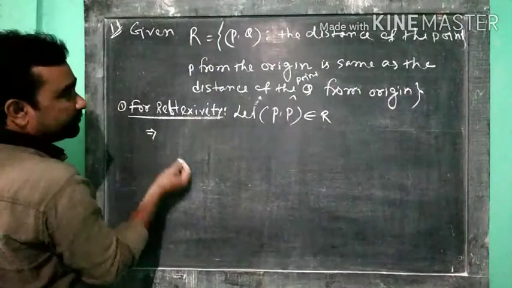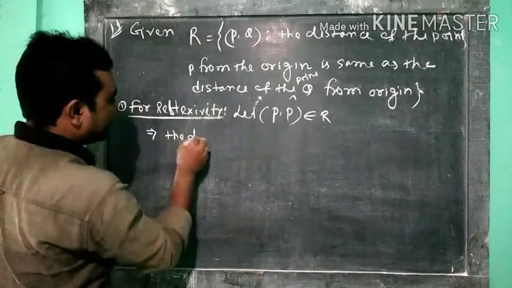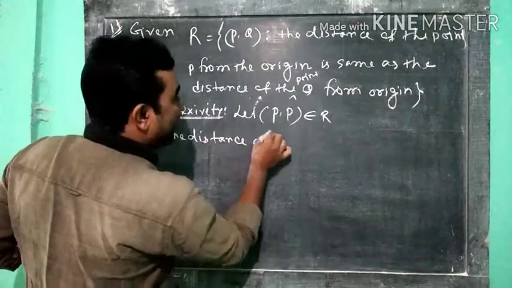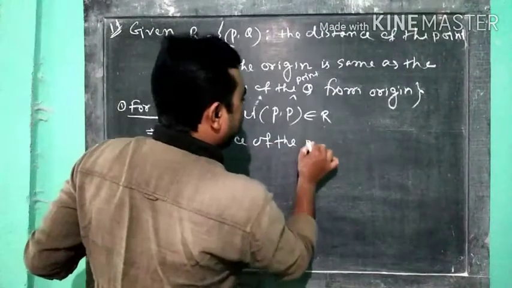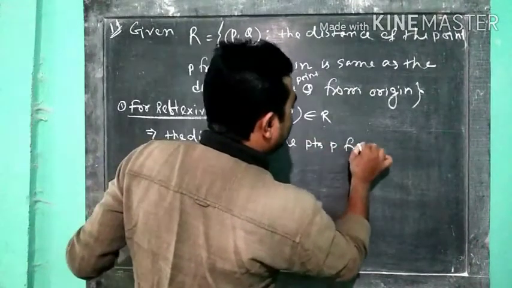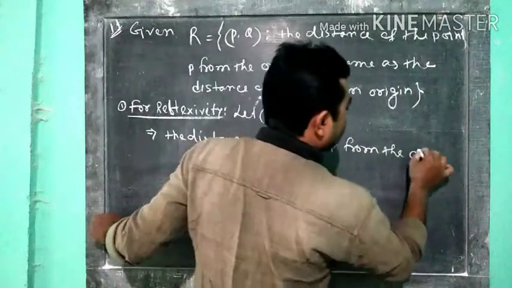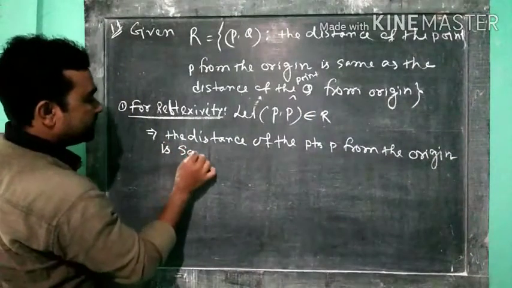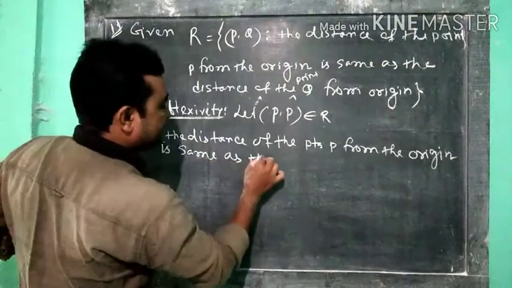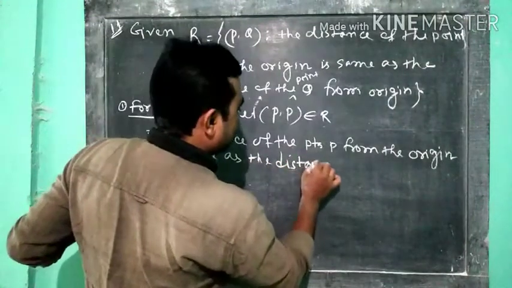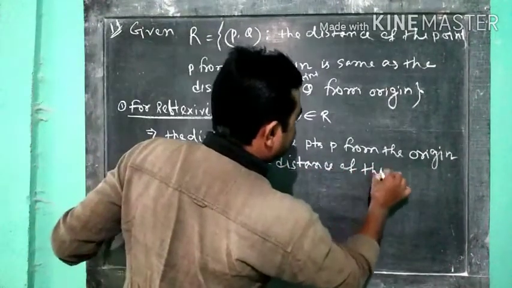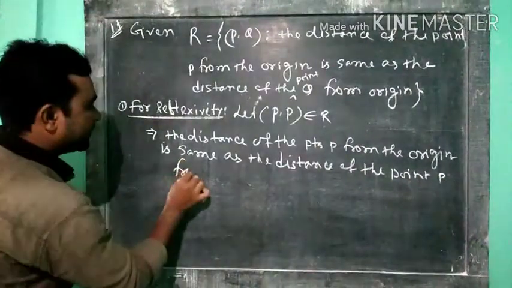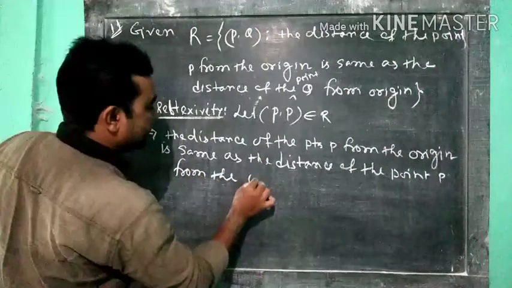We write here the distance of the point P from the origin is the same as the distance of the point P from the origin.